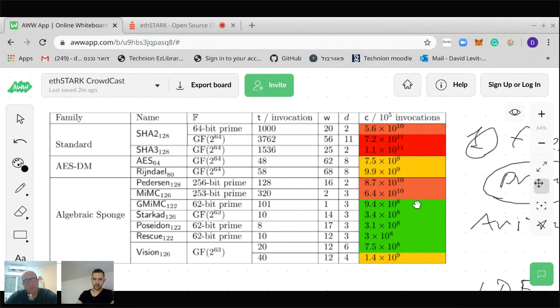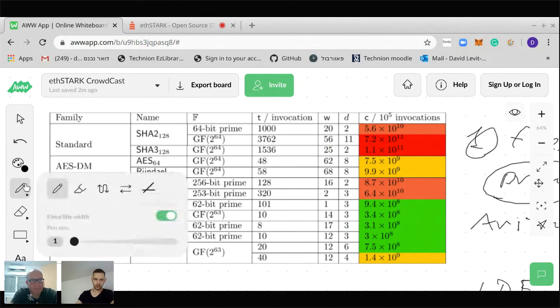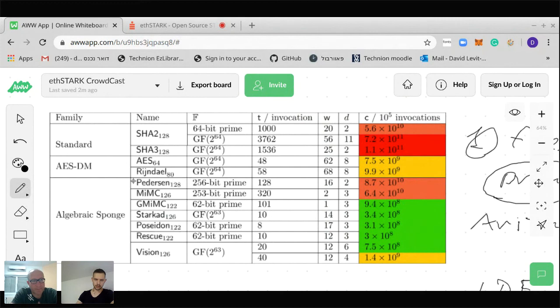And you can see that all the algebraic sponge constructions, which are the actual candidates that we considered, all of these have the smallest trace sizes.